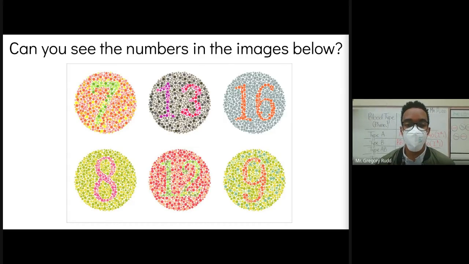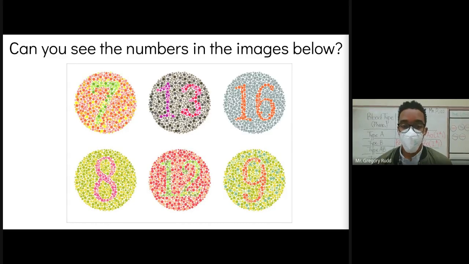But there are some people who are colorblind, and some people are colorblind for specific hues. So they cannot see maybe red and green. They don't see the differences between those well, so they might not be able to see the number 7 or the number 12 or the number 9 very well. Some people struggle with blue and red, so they wouldn't be able to see 16 or 13 very well.